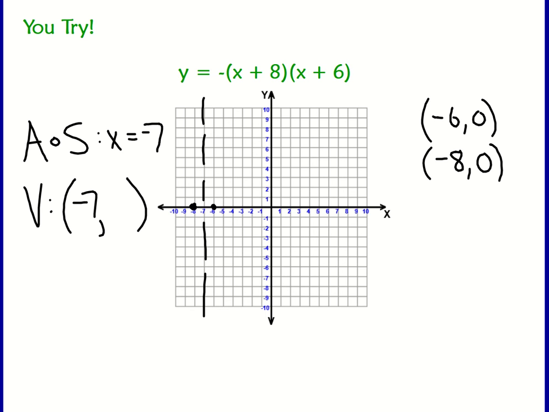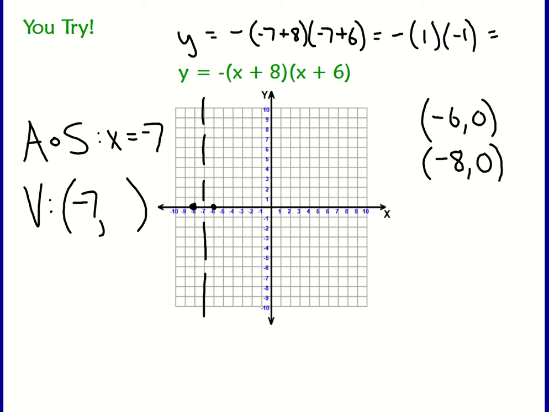If I do that, I would get y equals negative quantity negative 7 plus 8, times quantity negative 7 plus 6. So that would be negative times 1 times negative 1, which actually gives me a positive 1. So the vertex is going to be at negative 7, positive 1.